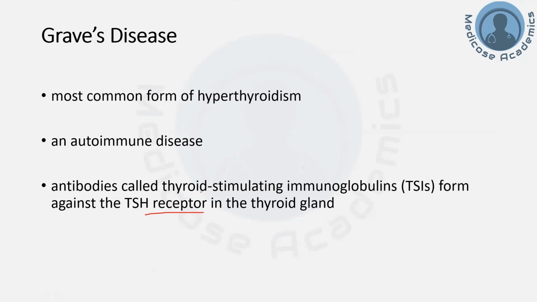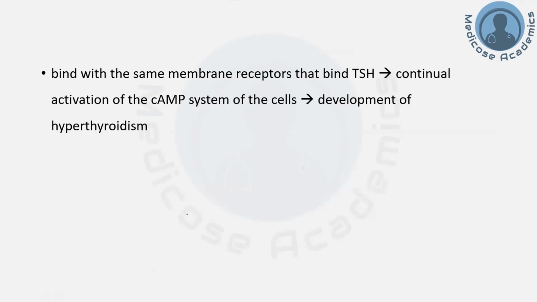Their name indicates that these are thyroid stimulating immunoglobulins, and they form against the TSH receptor in the thyroid gland. They bind with the same membrane receptor that binds TSH. So once these antibodies bind with the TSH receptors, which were supposed to bind with the TSH hormone, now these antibodies are binding with them instead.